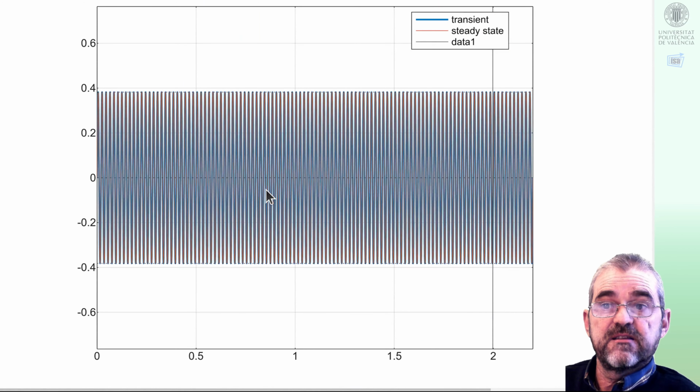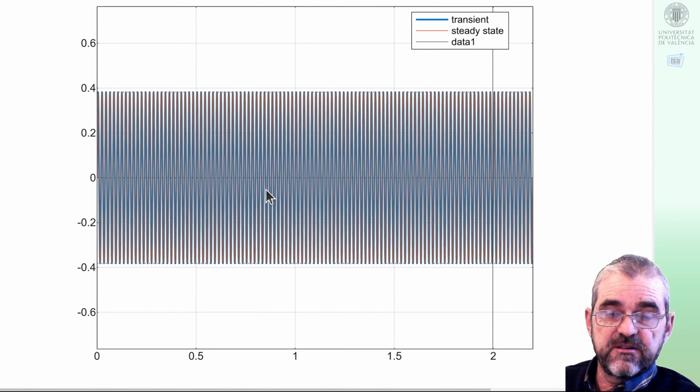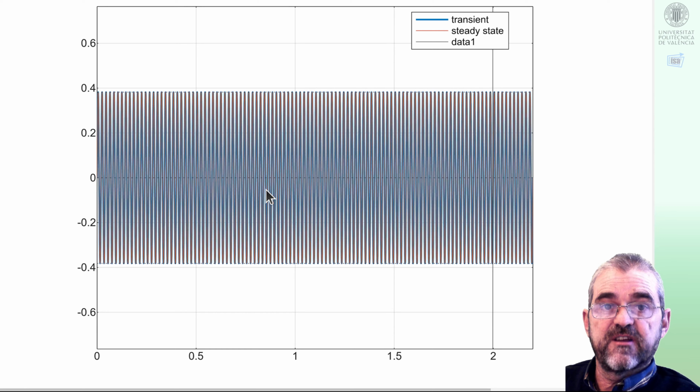Transient and steady state coincide, so timing the connection of very large transformers with my power electronics at the right instant may help reduce these overcurrents in the first energization phase of my large transformer.